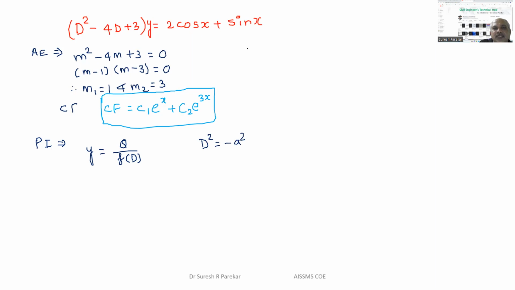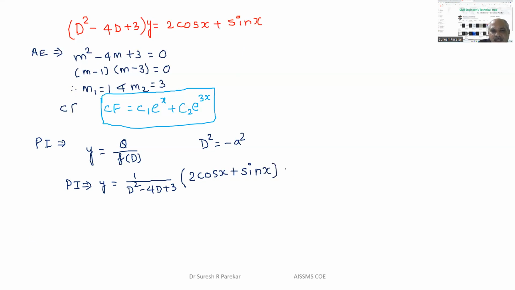So the particular integral y is equal to 1 upon D square minus 4D plus 3, times 2 cos x plus sin x.